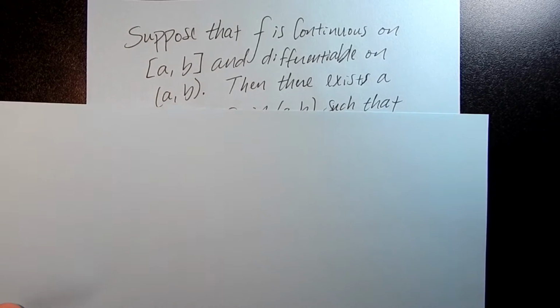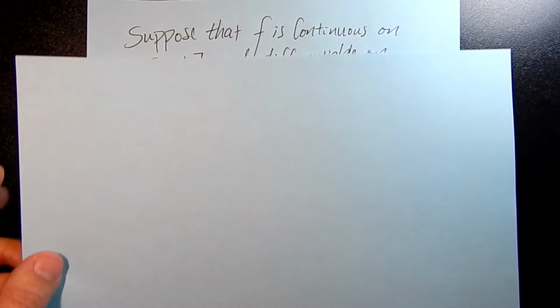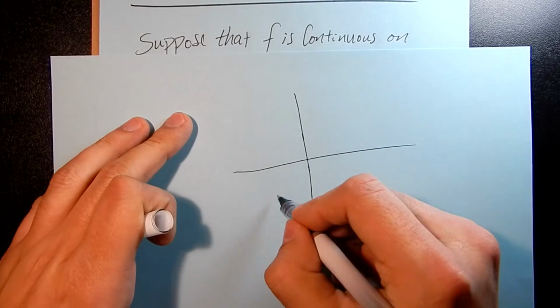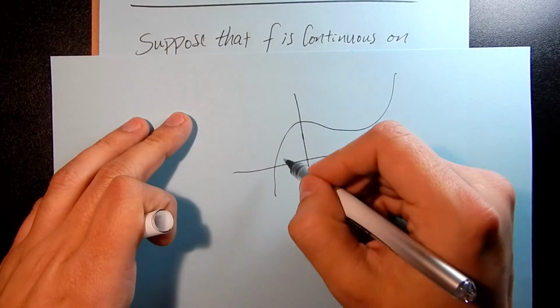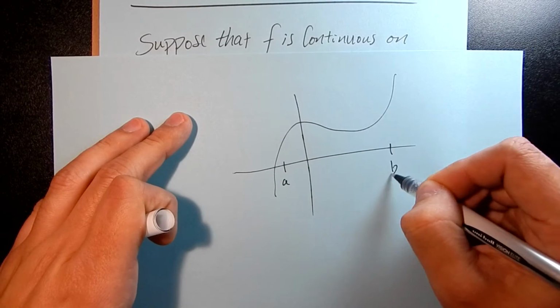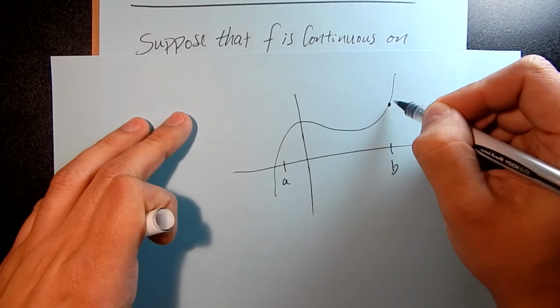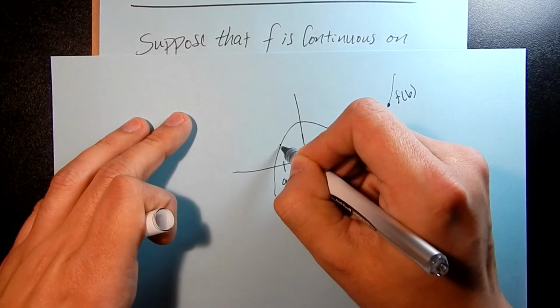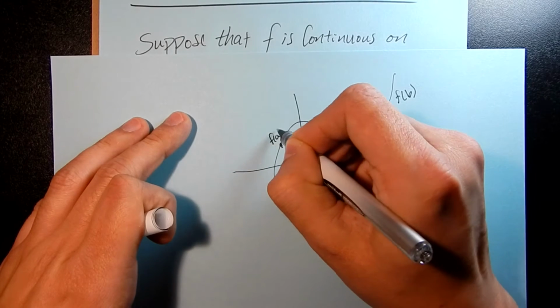Whatever our graph looks like, let's say we have some sort of graph, and here's a and here's b. This point up here is f of b, and this point is f of a.